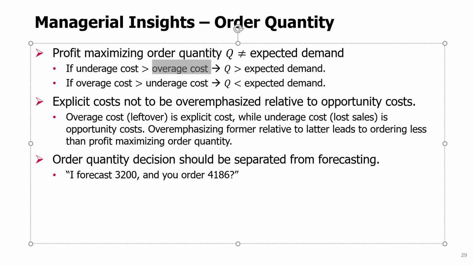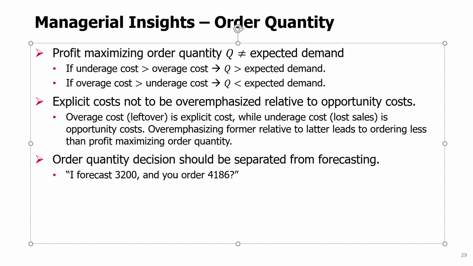But underage cost is just a lost opportunity cost. It's not a real cost. It's just a decrease in profit that we experience. But if you were to overemphasize the overage cost and ignore underage cost, you would find a quantity that wouldn't be maximizing your profit.